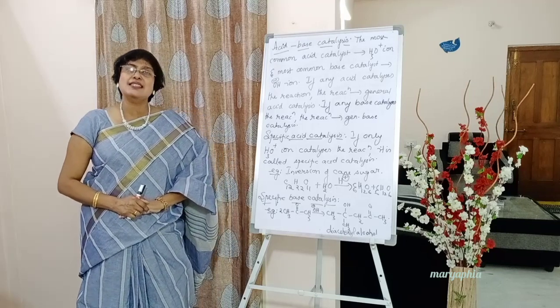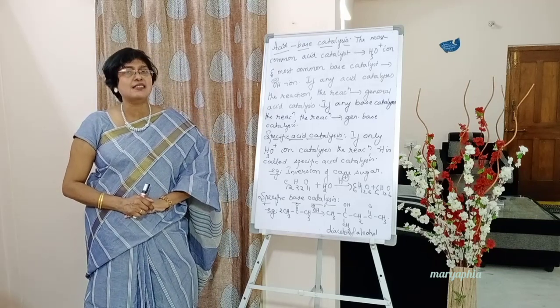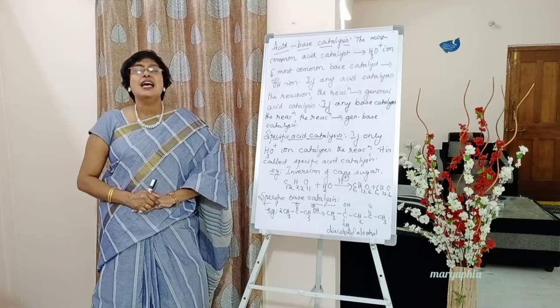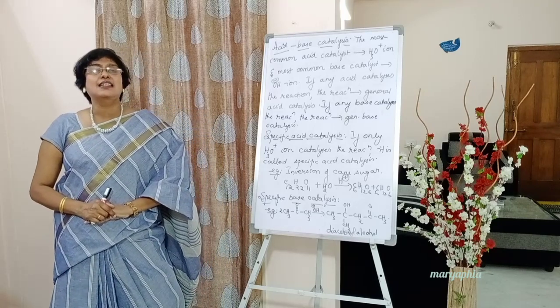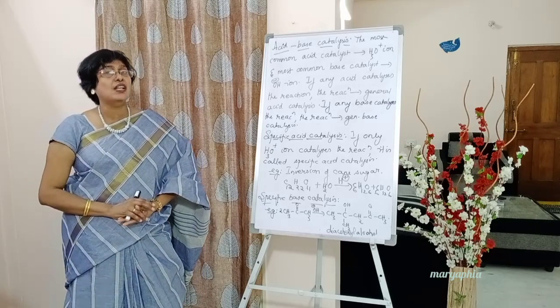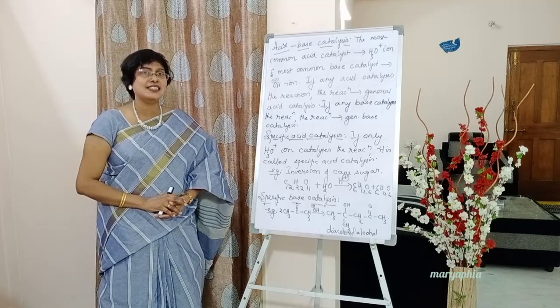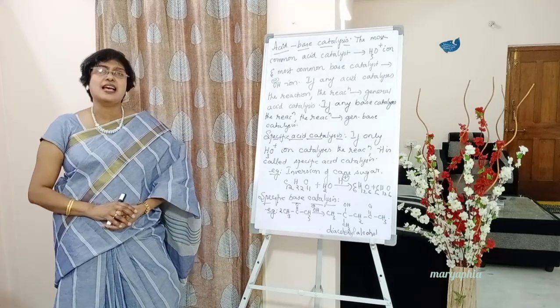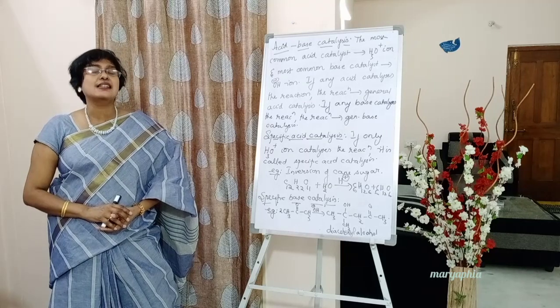The most common acid catalyst, H3O plus, the most common base catalyst, OH minus ion, and if any acid catalyzes the reaction, then we call it general acid catalysis. If any base catalyzes the reaction, we call it general base catalysis.